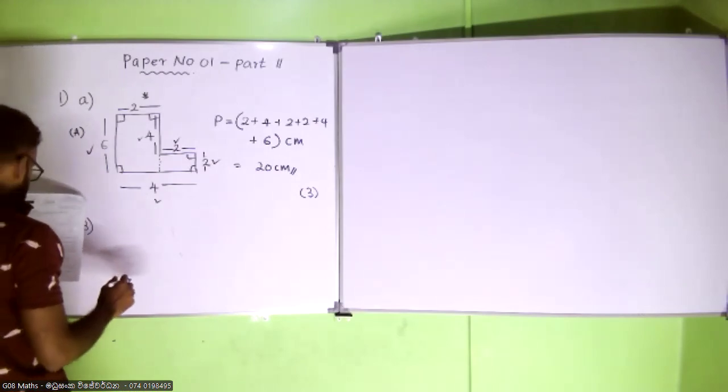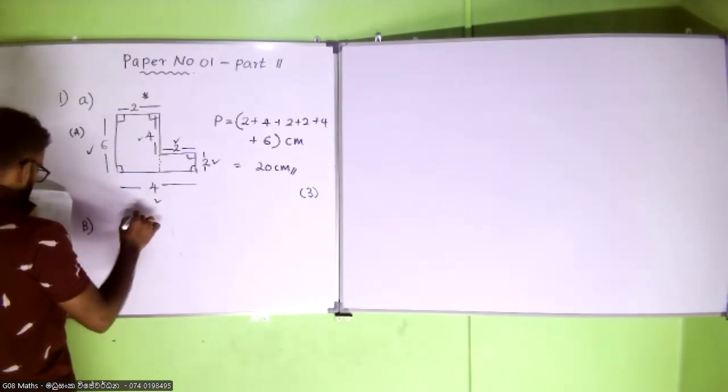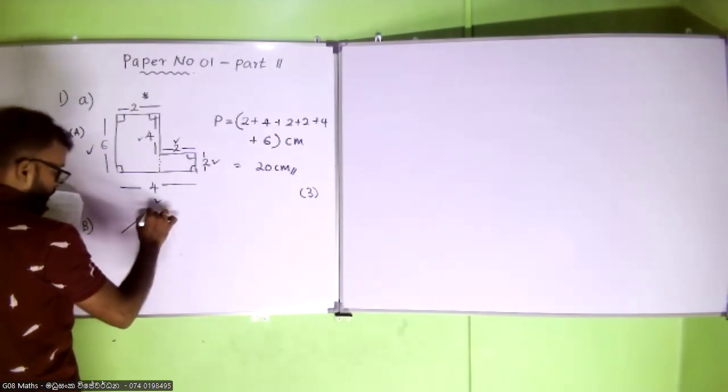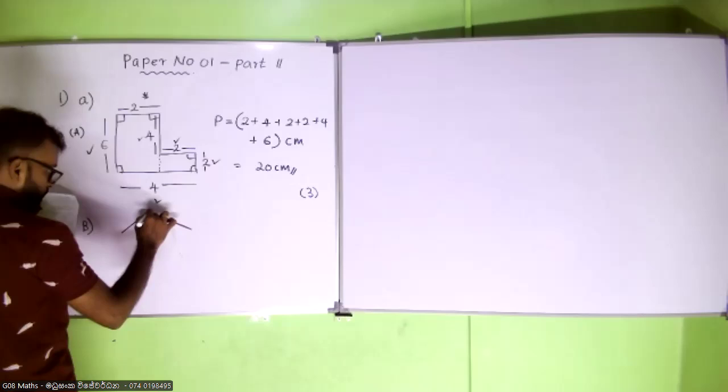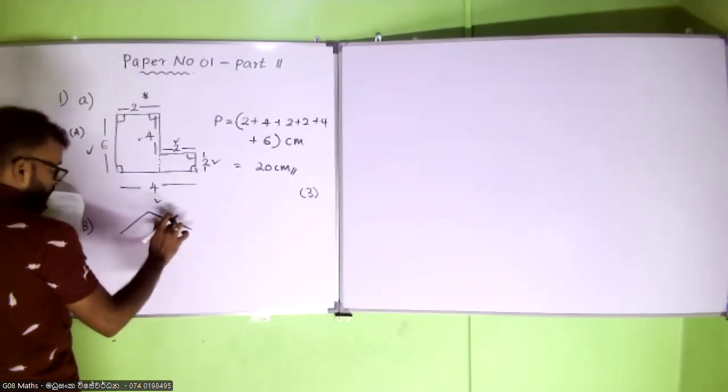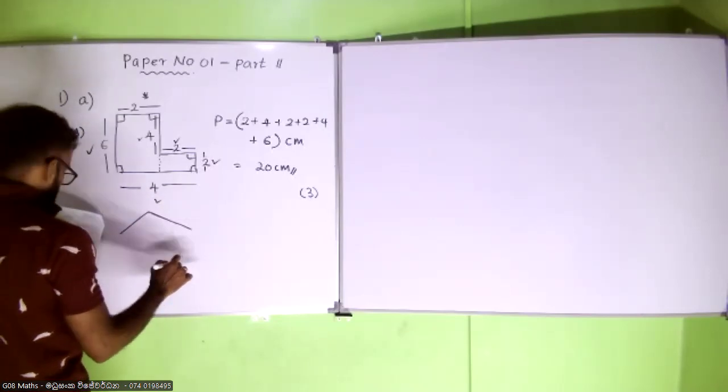Figure B. So you have an arrow. Correct?